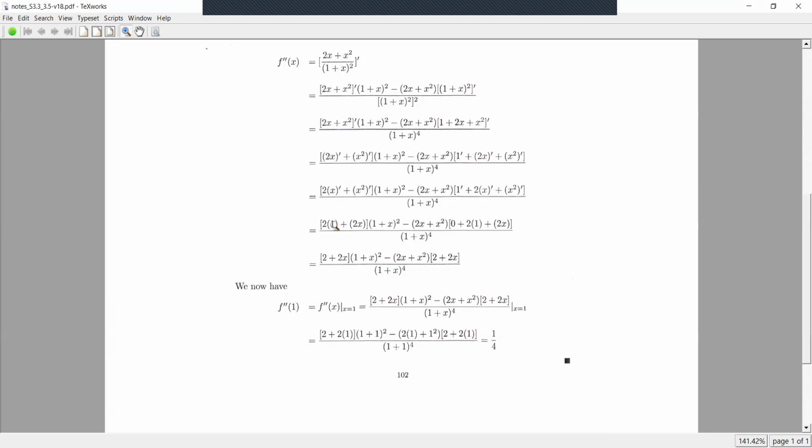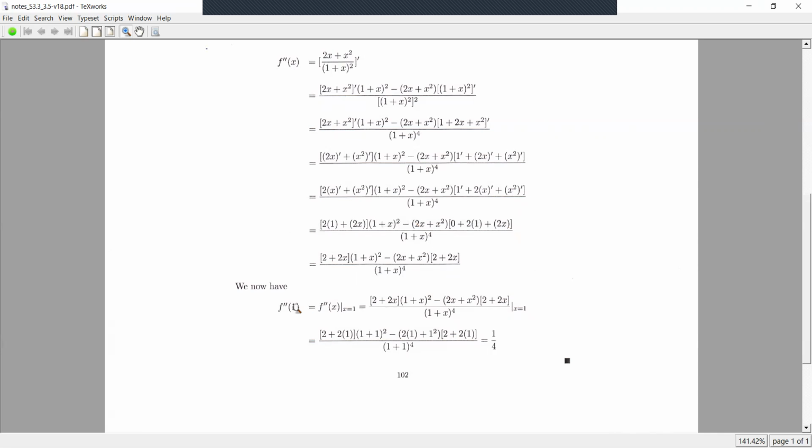Derivative of x is 1. Derivative of x squared is 2x. Derivative of 1 is 0. And derivative of x is 1. Then we have this equation. Simplify this expression a little bit, then this is the result of the second derivative of function f.